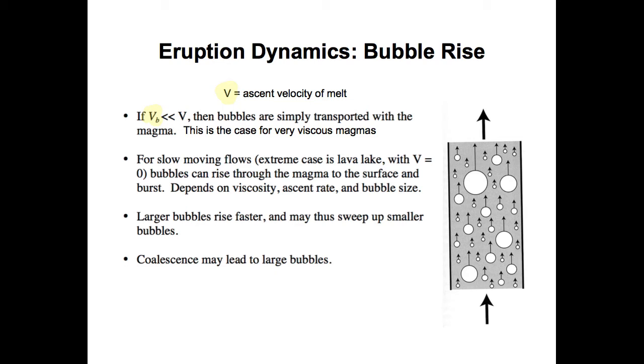And what happens in that case is they get transported with the magma. They're just carried along. And that's what's going to happen in our very viscous magmas that lead to explosive eruptions.